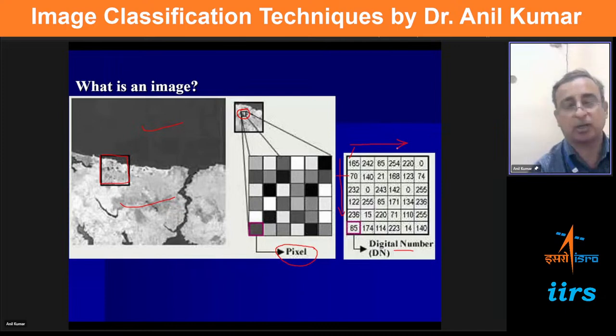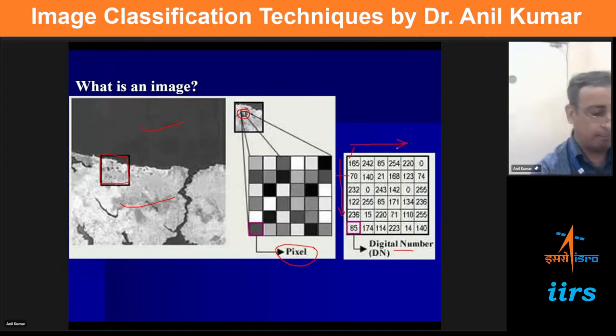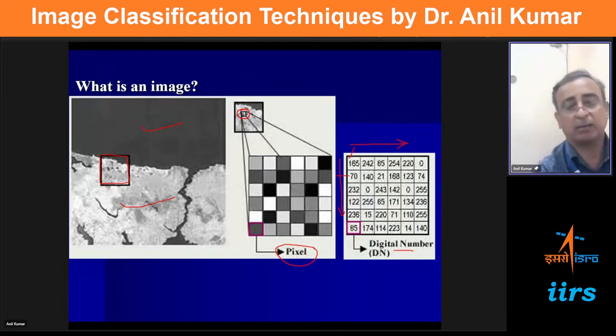Each array has rows and columns and some values. So if you have a 10-band multispectral image, you will have 10 arrays. Each array is representing one band. This is what we should understand, the mathematical way to define an image.